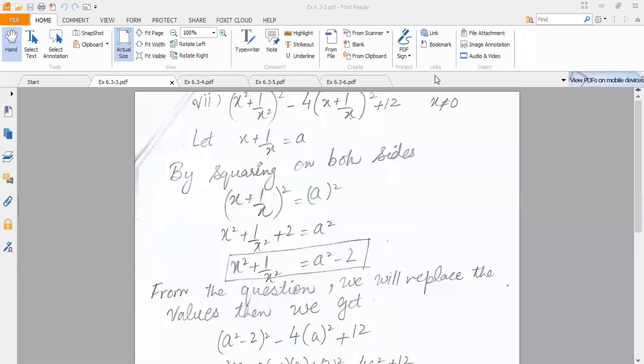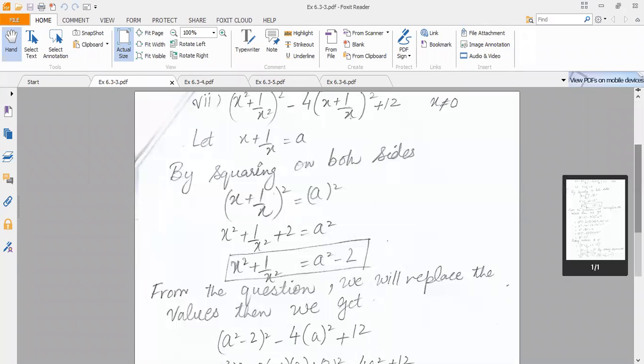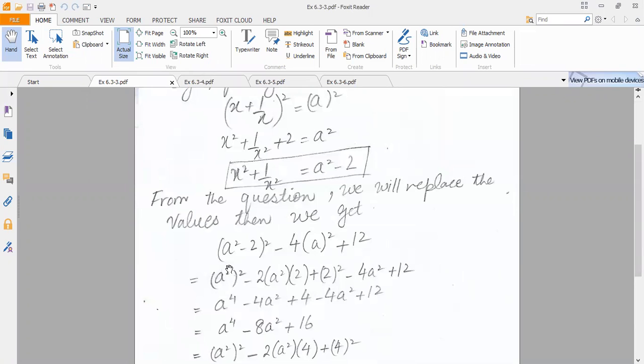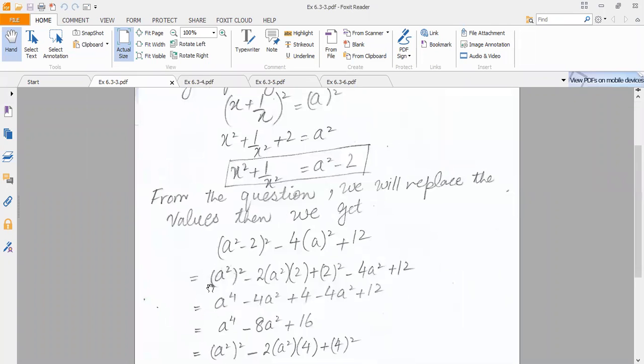After that, in the next step, we get (a² − 2)² − 4a² + 12. Now open this term with the help of a formula.